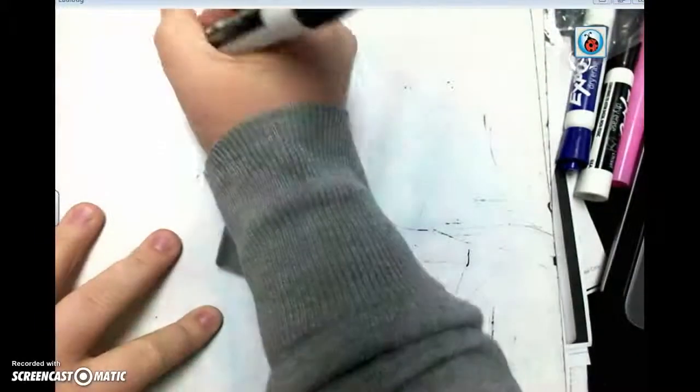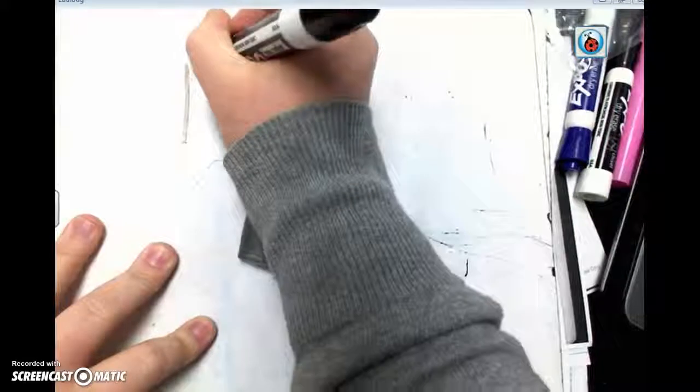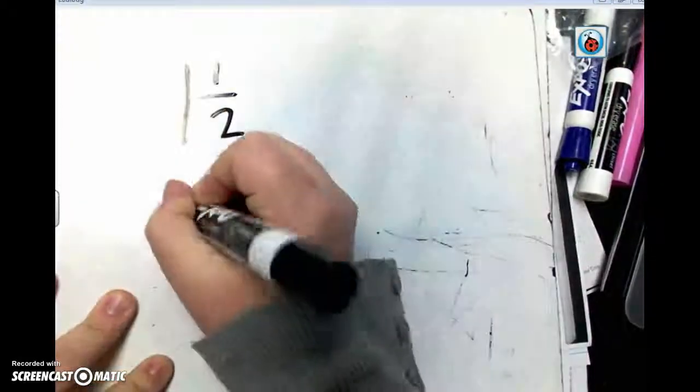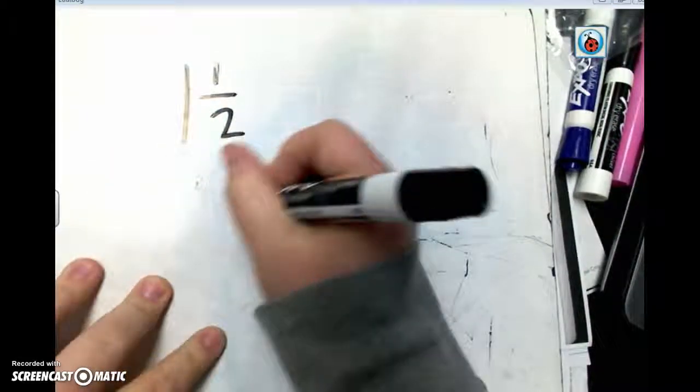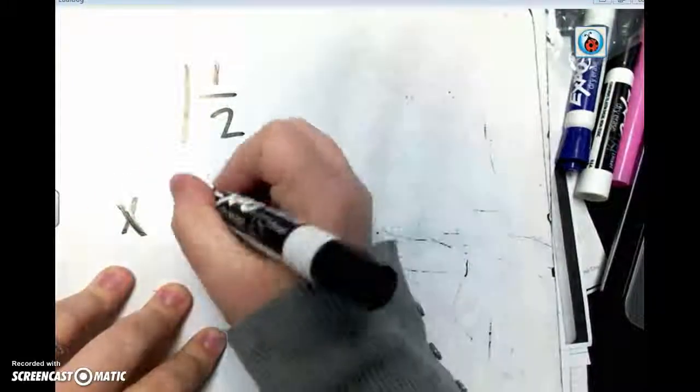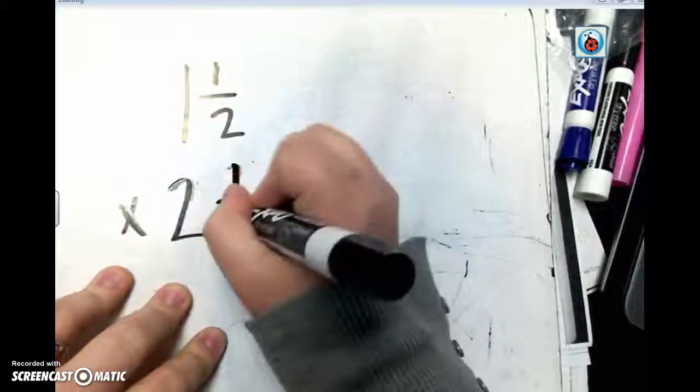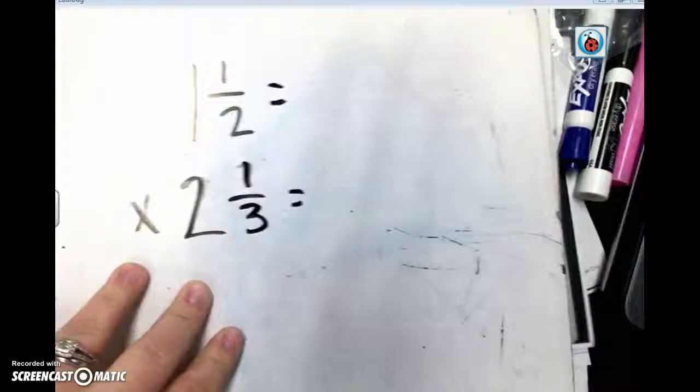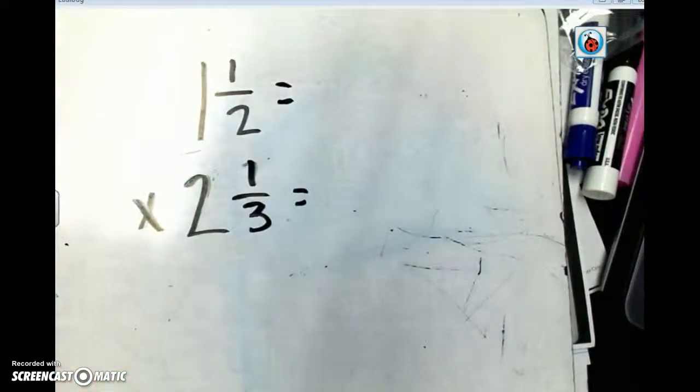Let me erase these. And for it being our first one that we're going to do this way, I'm going to make our mixed numbers just a little bit smaller. Okay, so let's work on converting these mixed numbers to improper fractions. Again, Pierce, walk me through the top one.